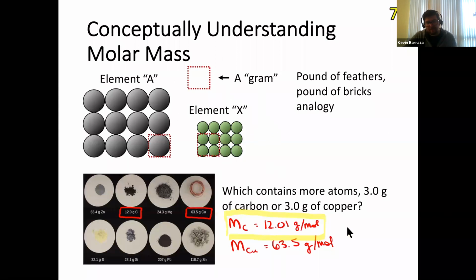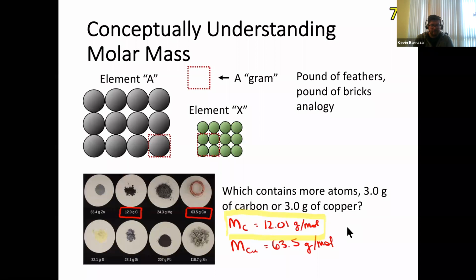So I ask you to ponder that, make sure it makes sense as you think about this topic. But that's the important thing, to connect the idea that this number represents how many grams are in a group of particles. 12.01 means 12.01 grams are necessary to weigh a mole of particles.